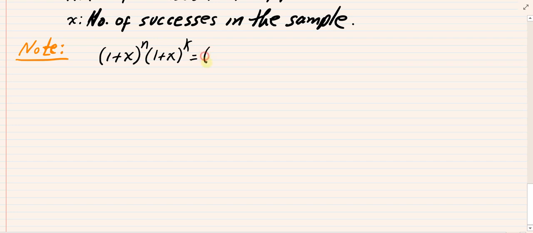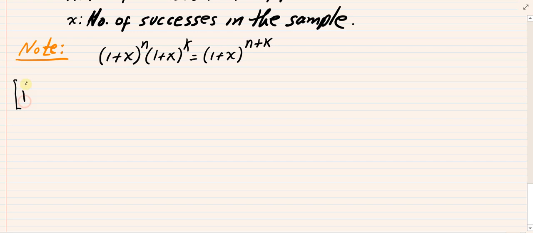Now, of course, the multiplication from algebra, that's pretty easy, right? You combine the exponents, right? Now, let's actually write out each of these binomials using the binomial theorem. So the expansion of 1 plus x to the n is going to be, if you recall, I'm going to put that in a bracket.